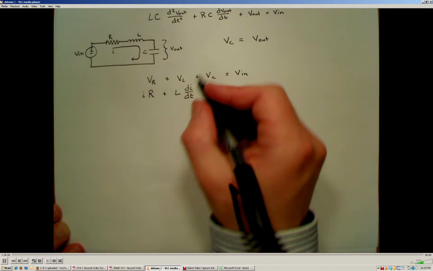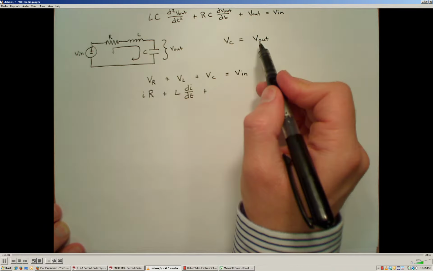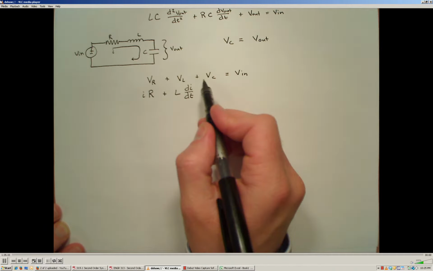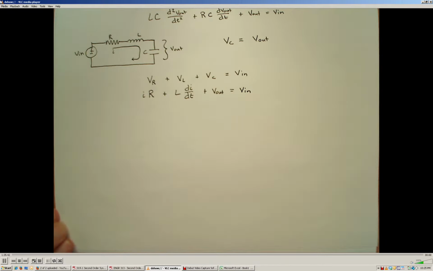For this term, the voltage across the capacitor, that's what I want to know. I want to get my differential equation in terms of the voltage across the capacitor, which is the same thing as V out, so I'm just going to substitute that in here. And all of that has to be equal to V in.